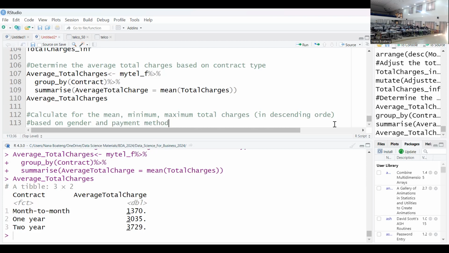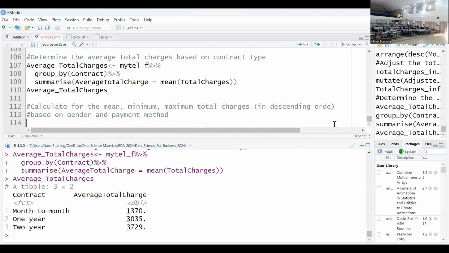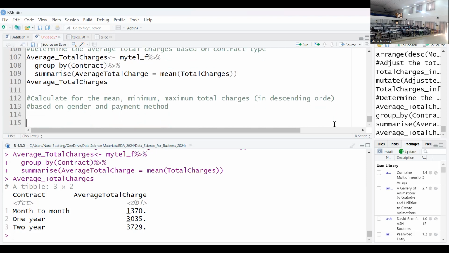So first of all, let's group by gender and payment method, and then when we finish, we do the minimum, mean, and then also the maximum.